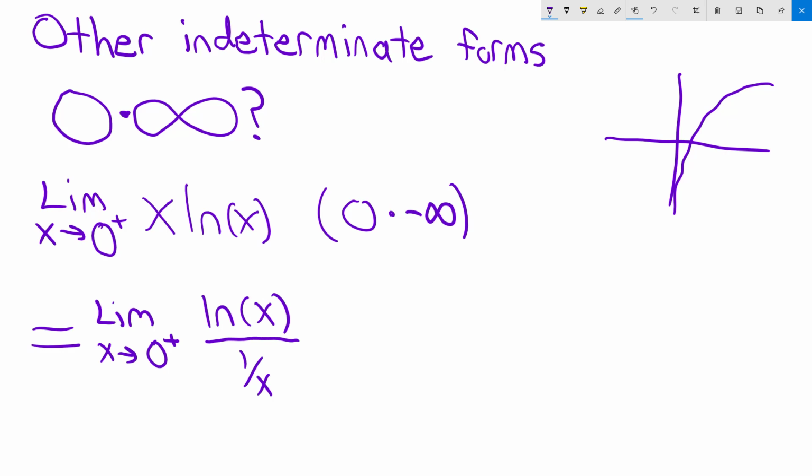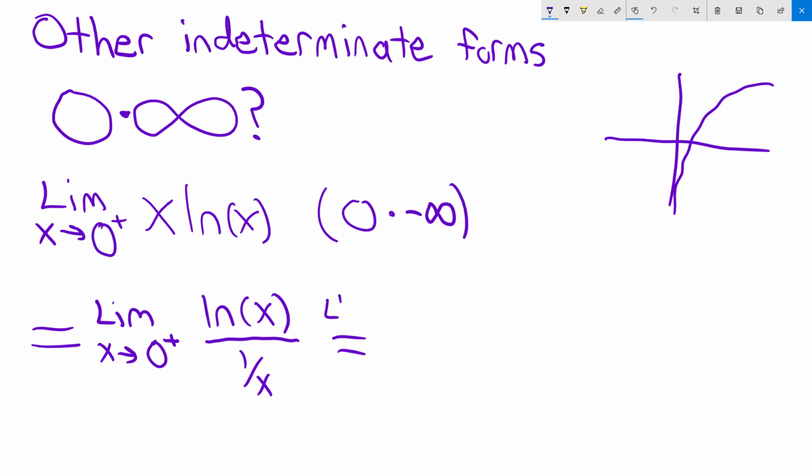So we get natural log divided by 1 over x. And notice the top is still negative infinity, but the bottom, as x approaches 0, 1 over x also gets very large. So we actually do have our other indeterminate form of infinity divided by infinity.